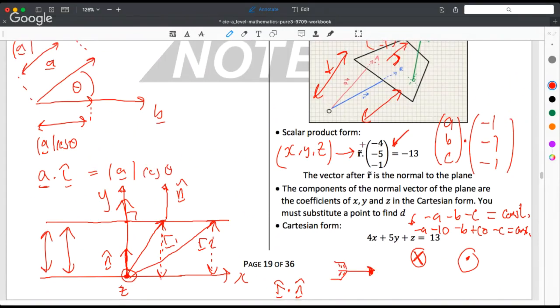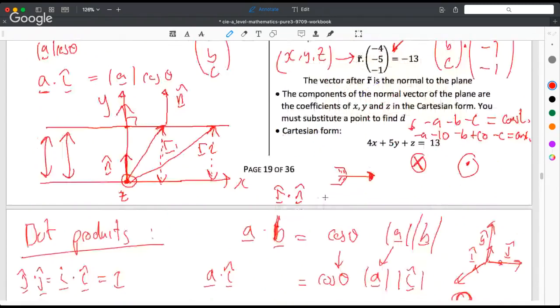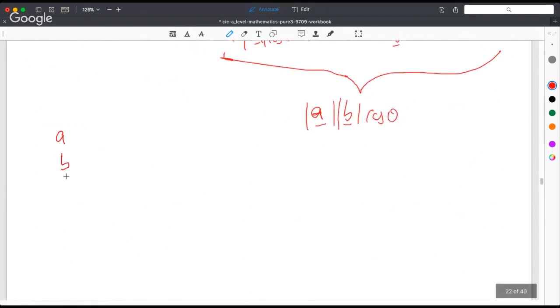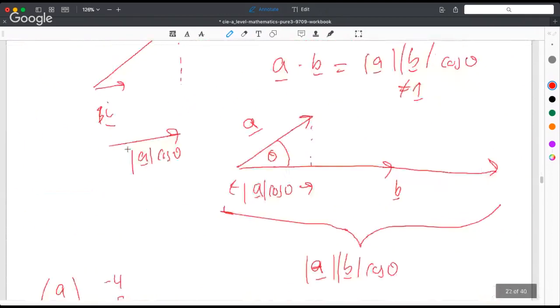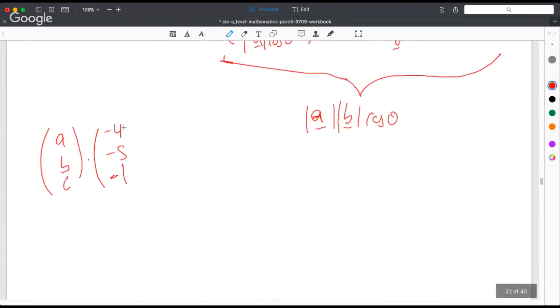So say I know A, B, C is on this plane. I need to dot that with -4, -5, -1, right? Okay, -1.